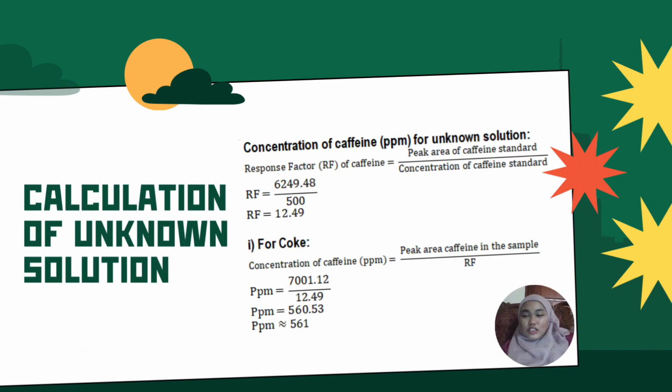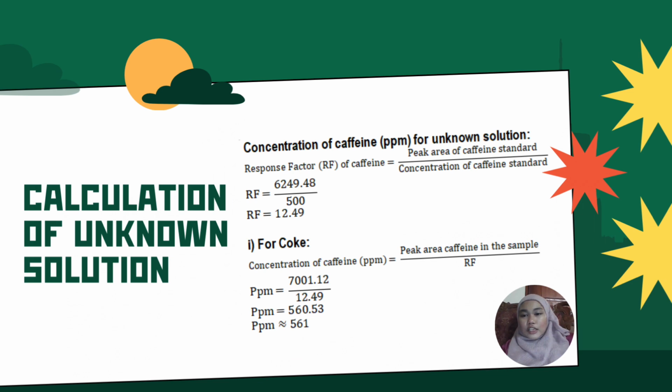For the concentration of caffeine in ppm for the unknown solution, we use the formula of the response factor of the caffeine from the result earlier, equal to the peak area of the caffeine standard divided by the concentration of the caffeine standard. So RF of the earlier results equals 6249.48 for the peak area of the caffeine standard divided by 500 ppm for the concentration of the caffeine standard.